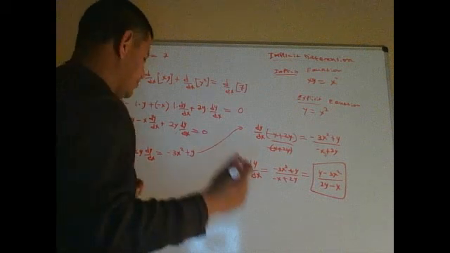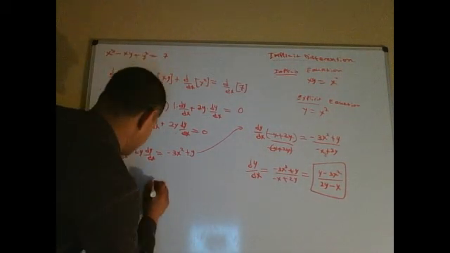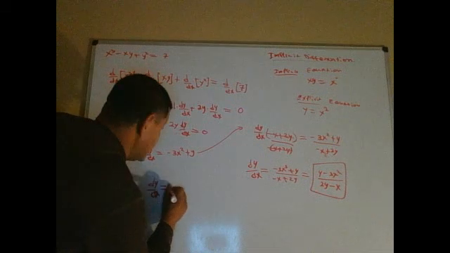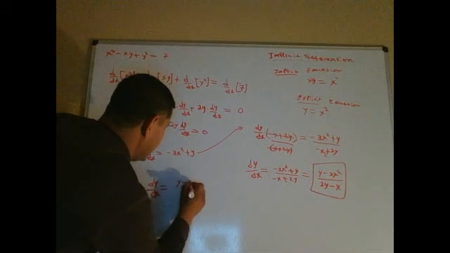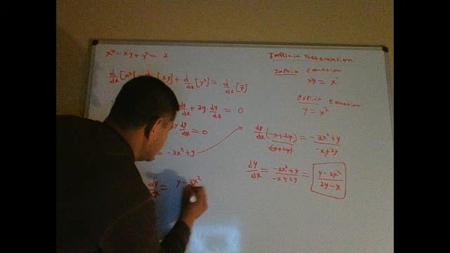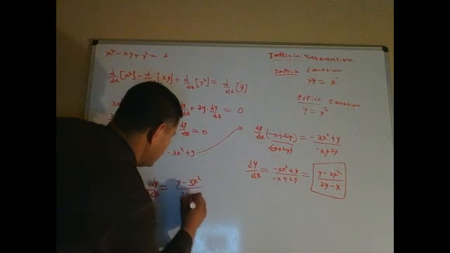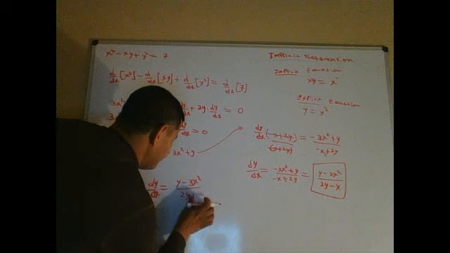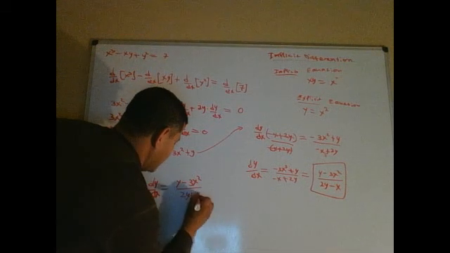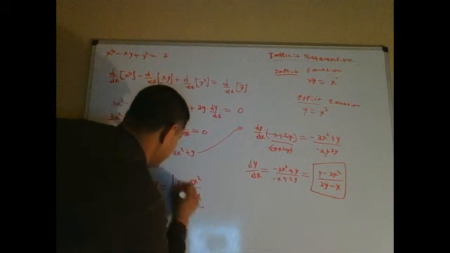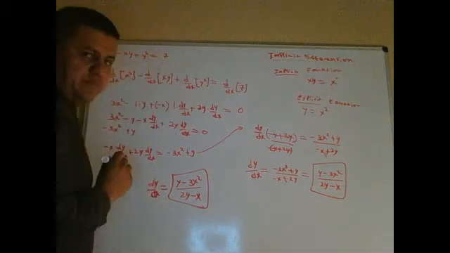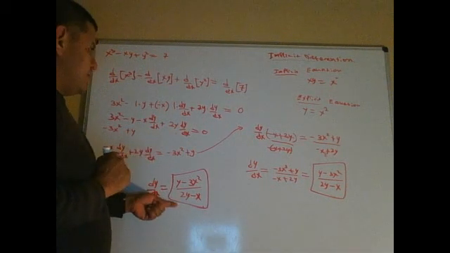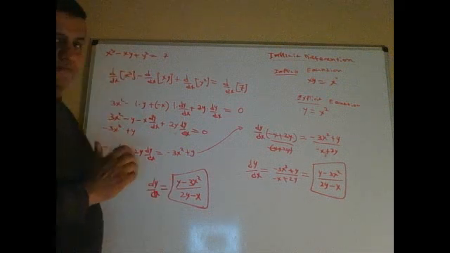All right, so this is the final answer: dy/dx equals y minus 3x squared over 2y minus x. That would be the implicit differentiation for this equation right here.